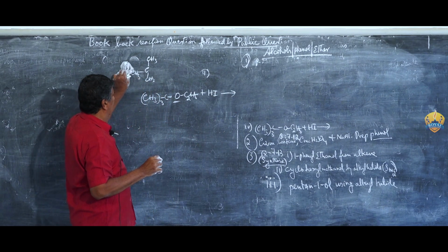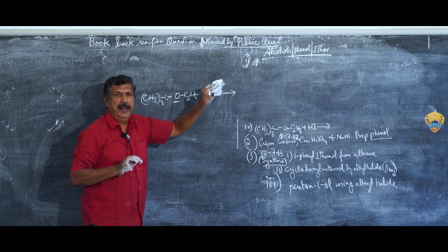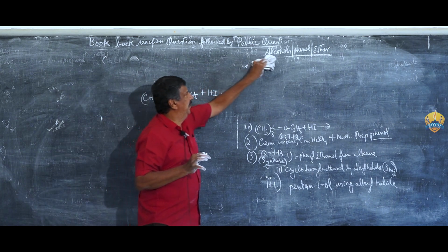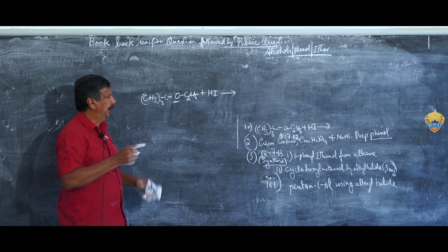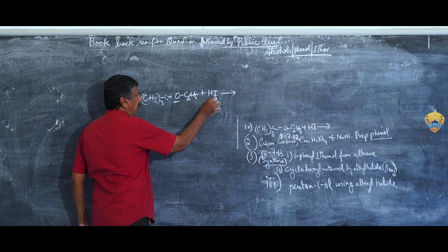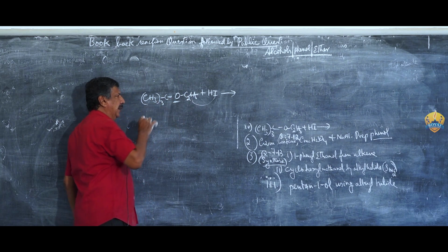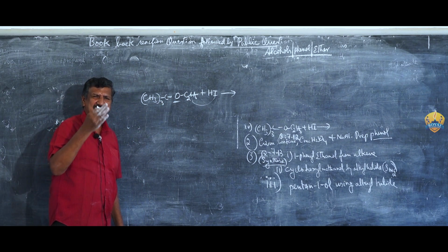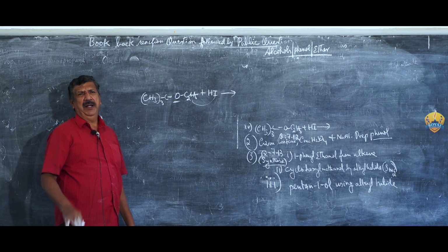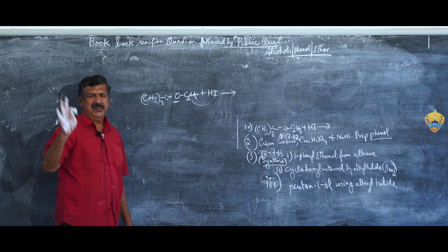You see, this is a very important area. Why? I already told you the I should join with a small alkyl group. But here I am just cancelling my concept.